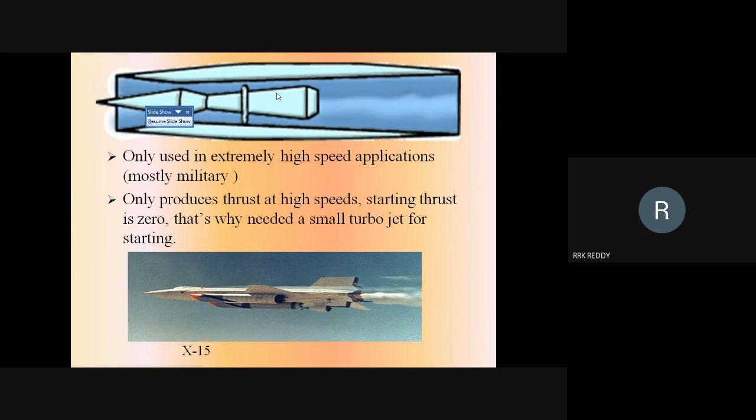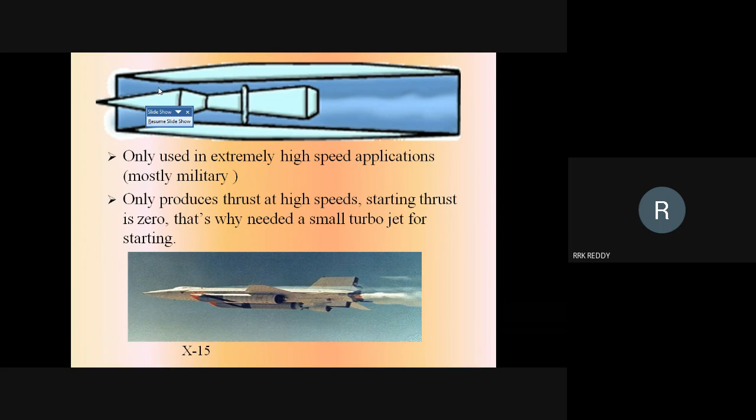The shape looks like this. This is the diffuser section, this is the combustion chamber section, and this is the nozzle section. There is no rotating part at all, no compressor rotors and no gas turbine rotors. When there is no compressor, there is no need of a gas turbine, because gas turbines are used only to run the compressor, and also a frontal fan or a propeller if there is one.